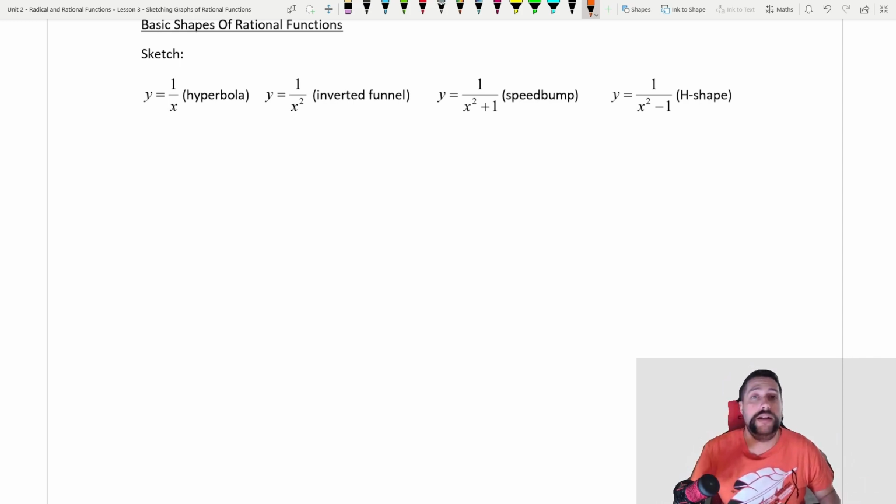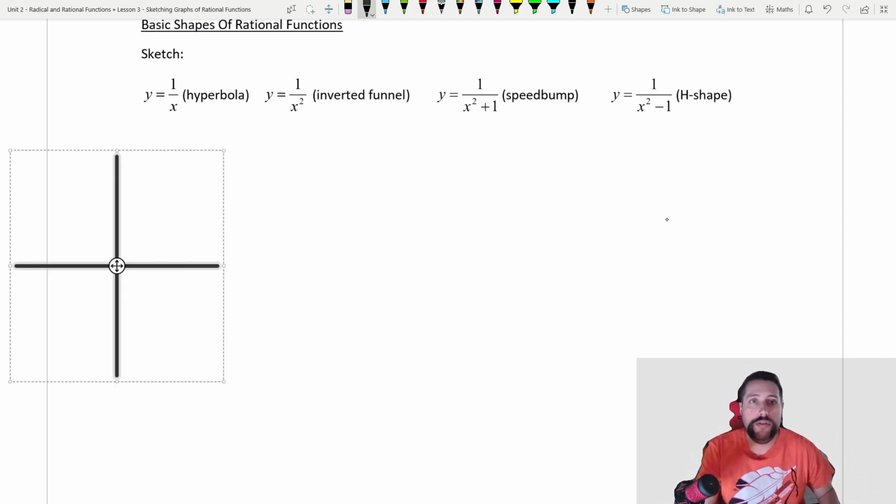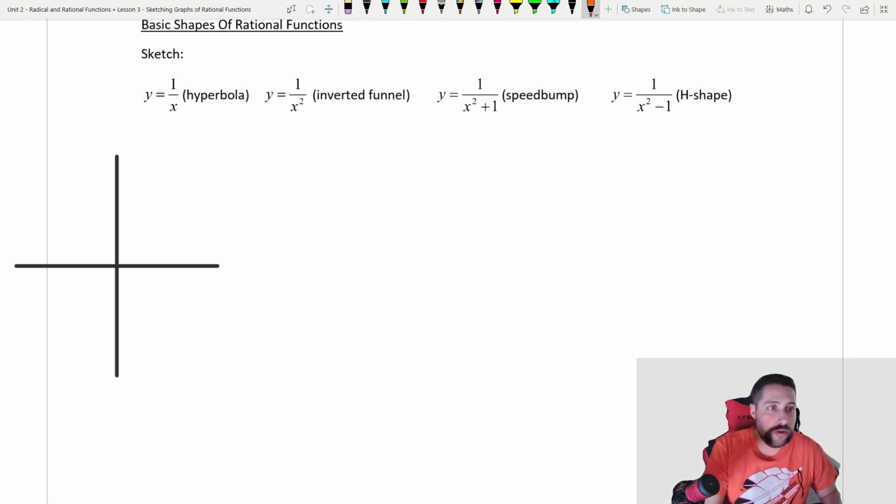Let's go ahead and draw a few, starting with the hyperbola. This is the same idea as what we did before. This is your reciprocal function that we talked about in lesson number 2, part 1.